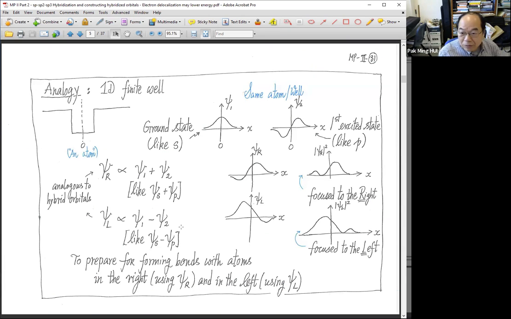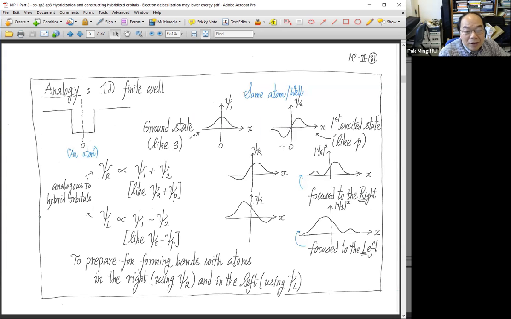So if you are still not getting the basic idea, maybe a 1D finite well is easier. So 1D finite well, just one well, so it's one atom. This is the ground state. It looks like an s, right? Same sign everywhere. So the first excited state, changing sign from plus to minus, looks like a p.